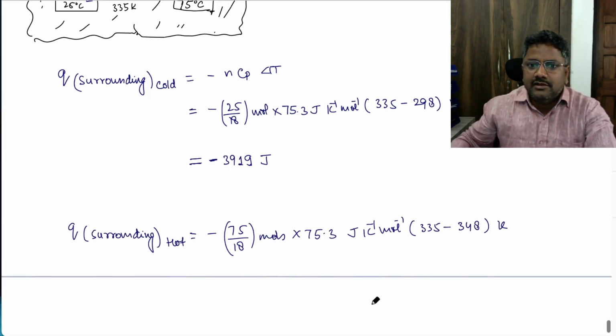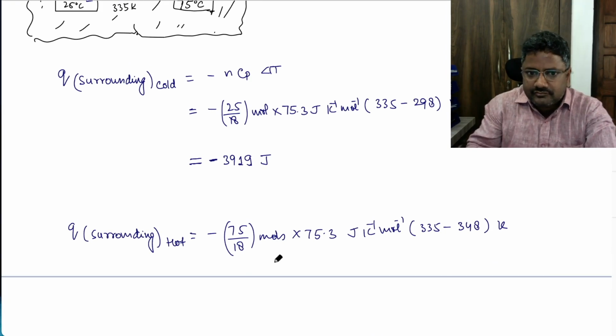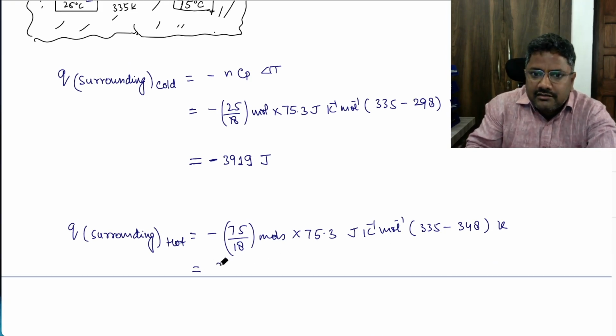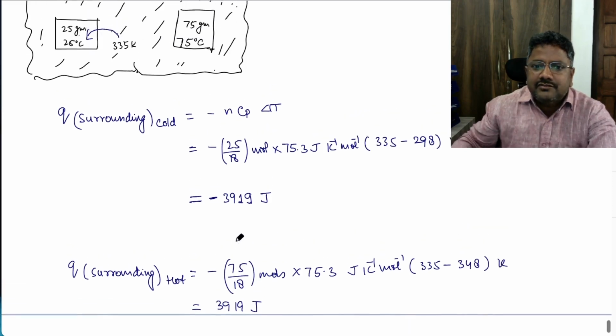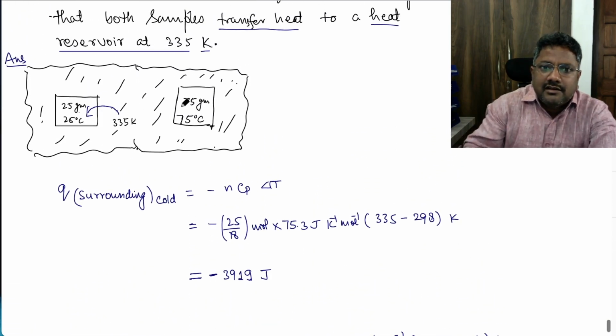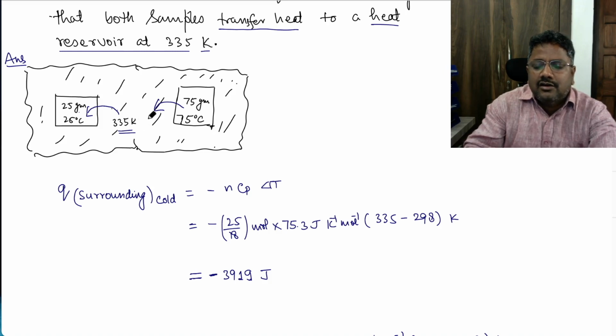So if you solve this, you will get 3919 joules. So this value is coming positive, meaning this amount of heat energy is transferred from this hotter system to the hot reservoir.